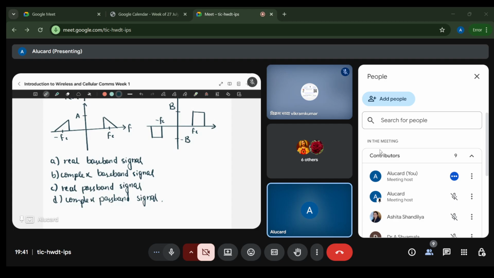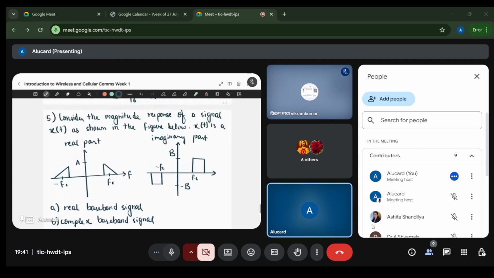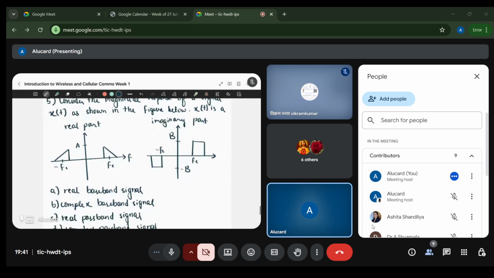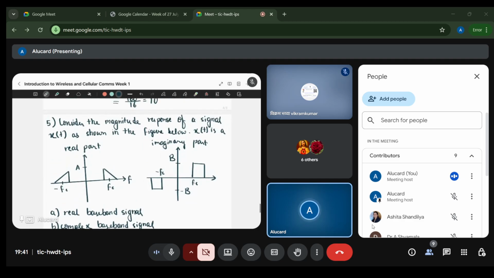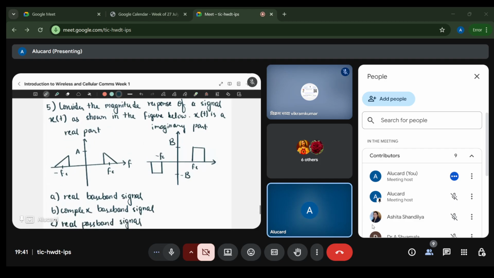All right. So think about what this magnitude response could mean.